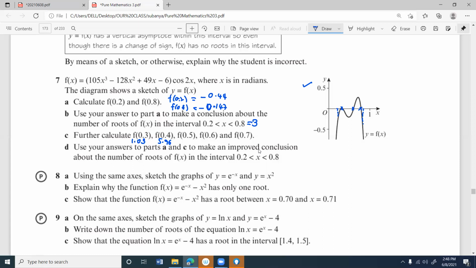One part is missing: 105 alpha x cubed minus 128 alpha x squared plus 49 alpha x minus 6, close bracket, cos 2 alpha x, started from 0. Sorry, these answers are kind of different.